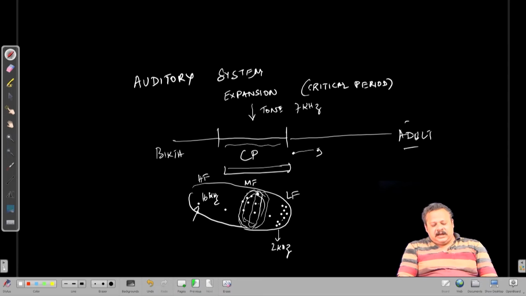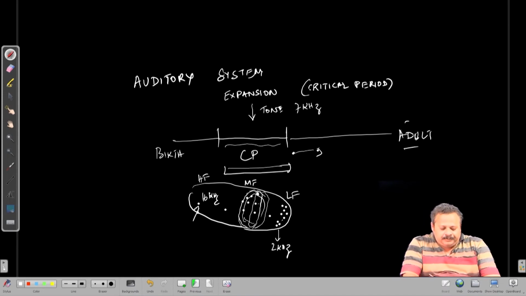So, this again is a form of structural plasticity that is caused by an activity during the critical period.